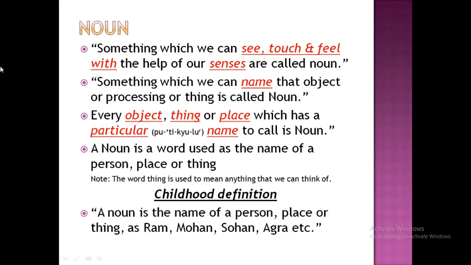So I'm not changing the definition, I'm just changing the understanding with different words. So what could a noun be? The first understanding, instead of saying the old definition, is a bit deeper understanding of the same one: something which we can see, touch and feel with the help of our senses is called a noun.